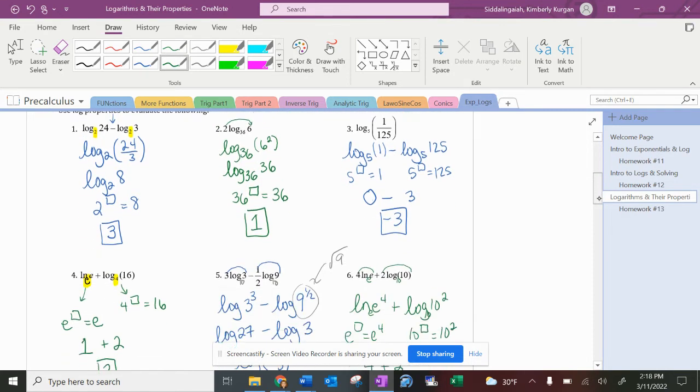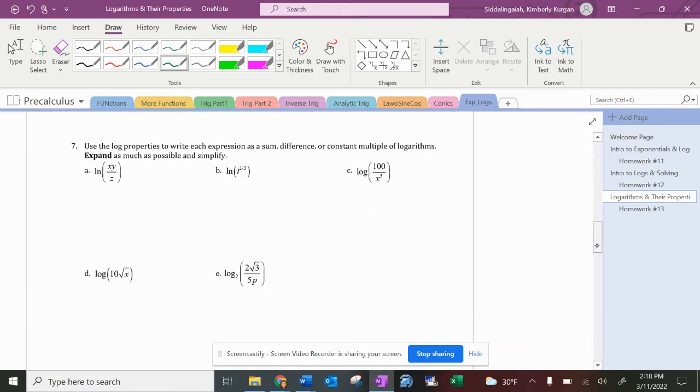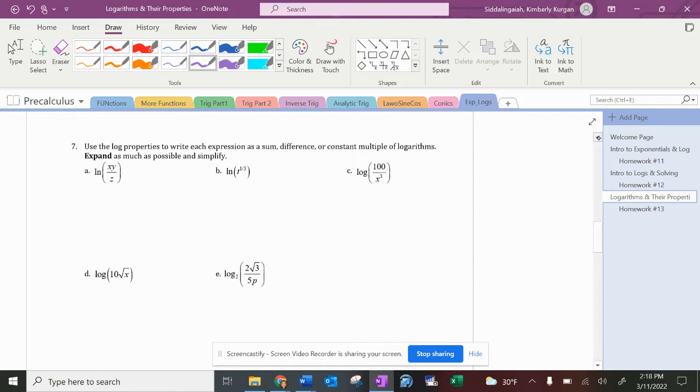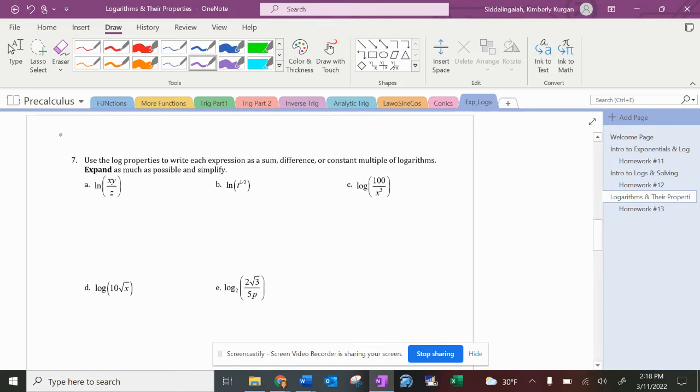All right, so let's take a look at some different ways of using these properties. So for number 7, before we start looking at these, I want you to know what I call these. These are called take them aparts.